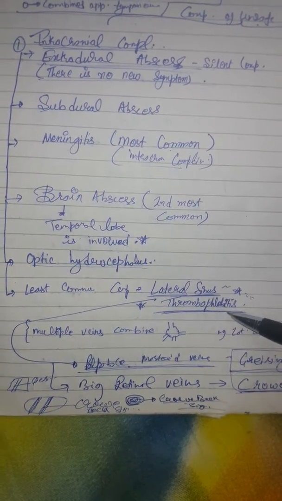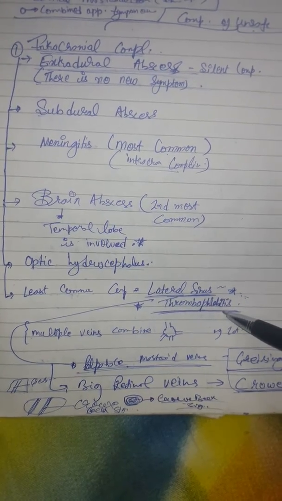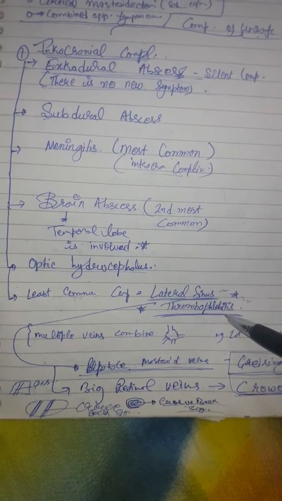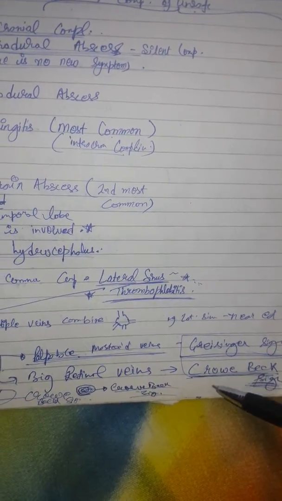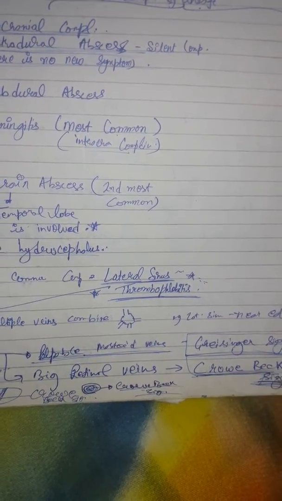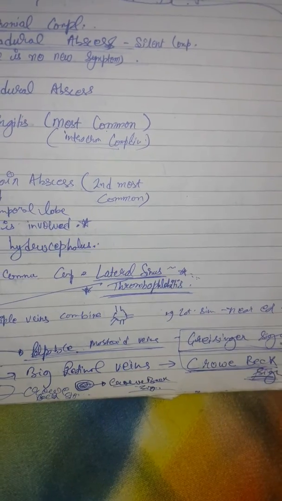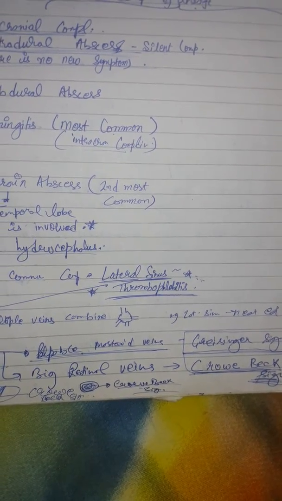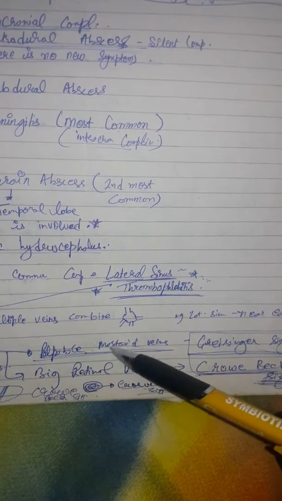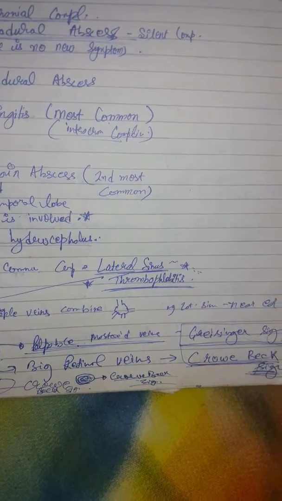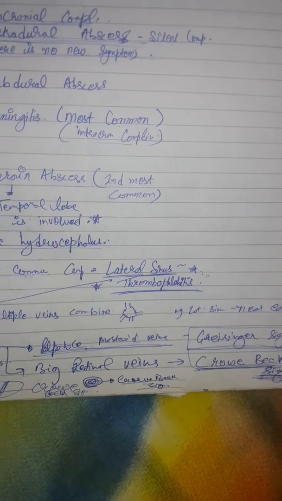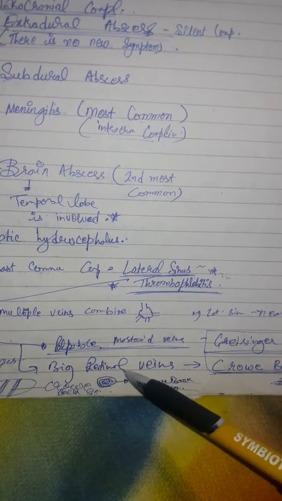It is one of the serious intracranial complications, in which we see two signs, Griesinger's sign and the Crowe-Beck sign. In Griesinger's sign, what is this sign? The palpable mastoid veins over the scalp is known as Griesinger's sign, and the Crowe-Beck sign is the big retinal veins.